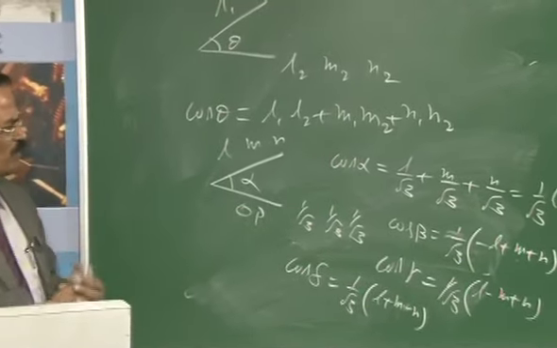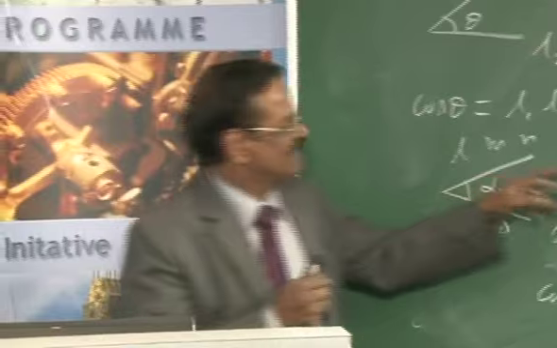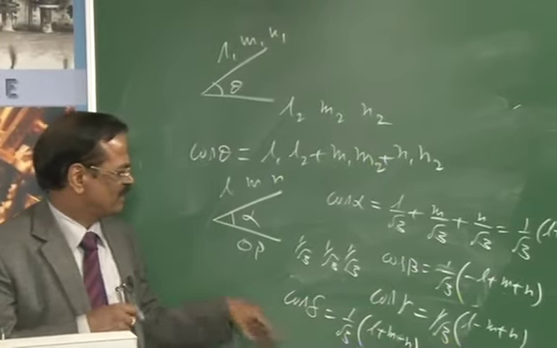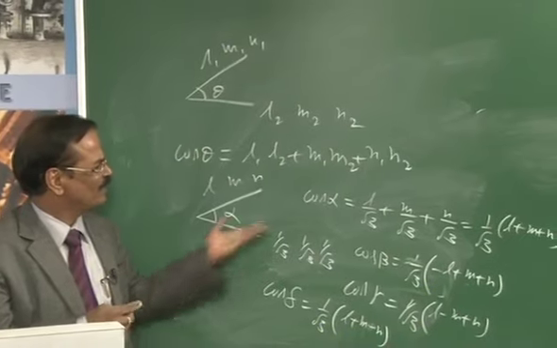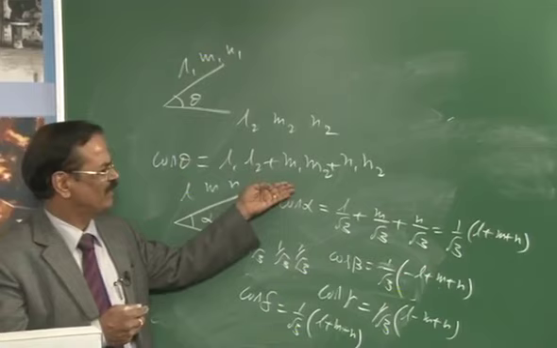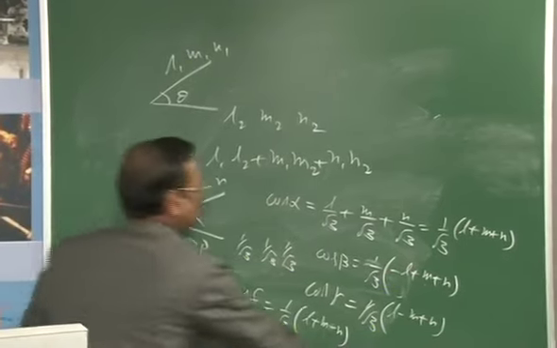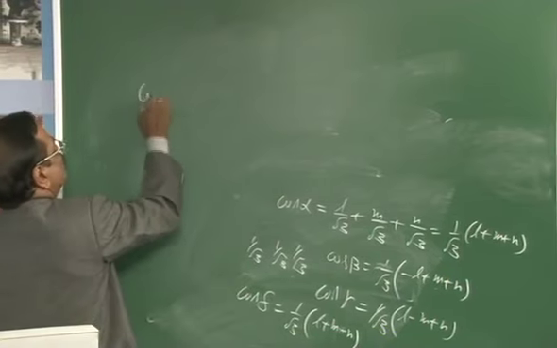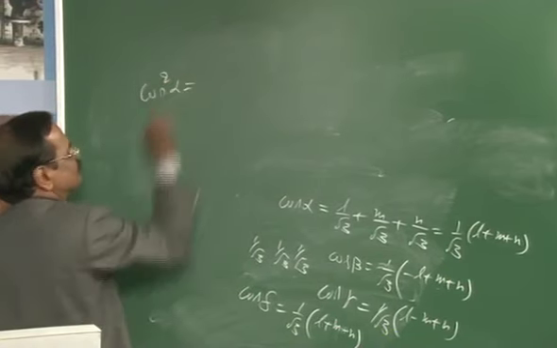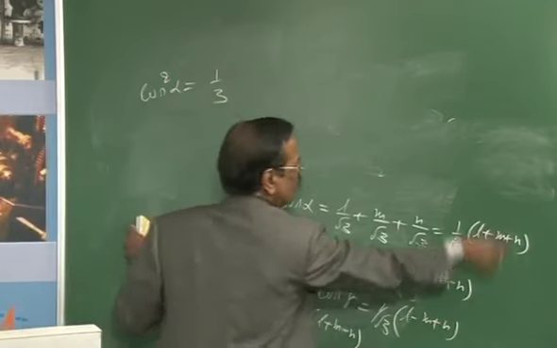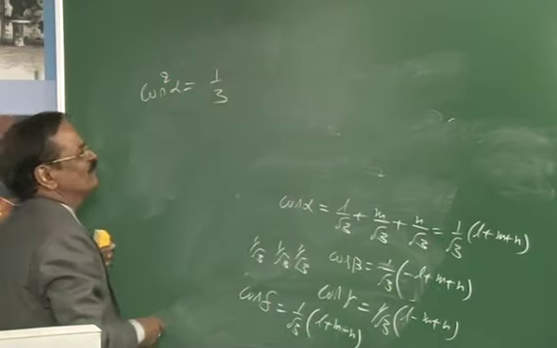Now we have to prove the sum of the squares of cos alpha, cos beta, cos gamma, cos delta equal to 4 by 3. That is only squaring cos alpha. Cos squared alpha is going to be 1 by 3 times a plus b plus c whole squared formula.